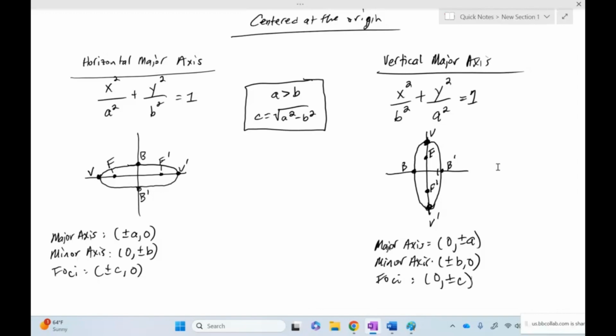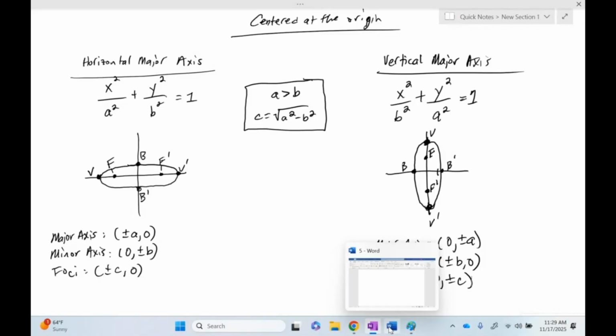Any questions about the formula? For each one of these formulas, a has to be greater than b. So if you're given an equation, you're looking for the biggest denominator. Once you find the biggest denominator, you locate the variable that it's underneath, and that determines the model form.